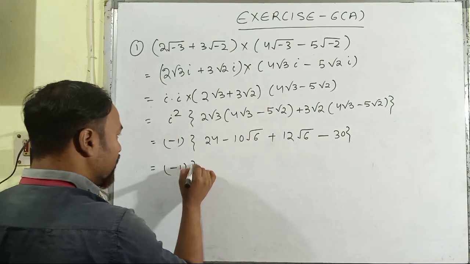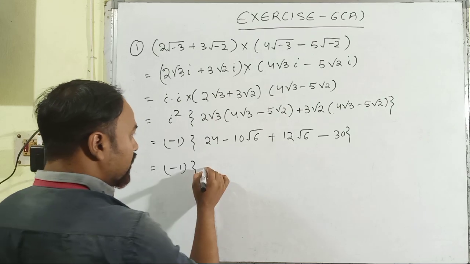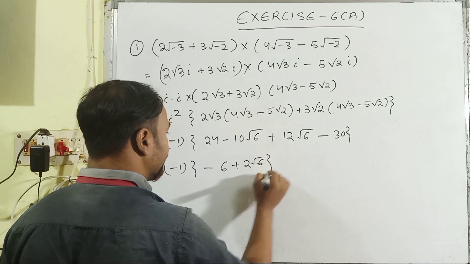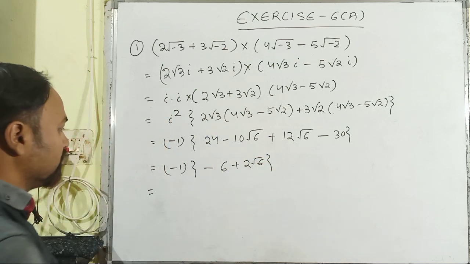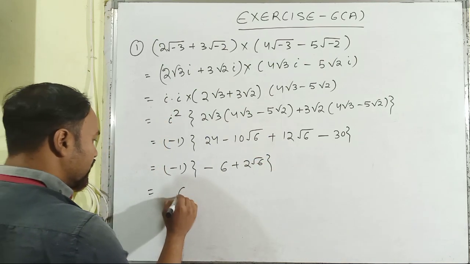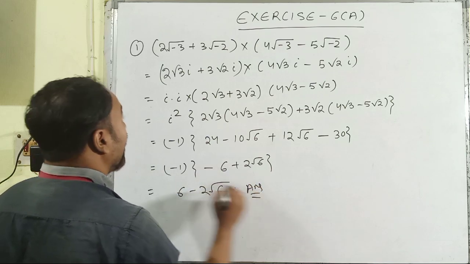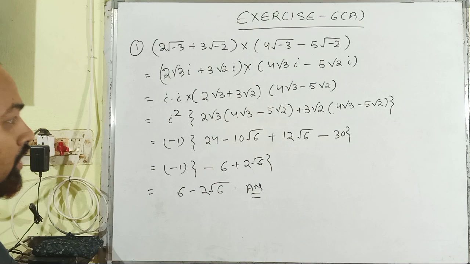Then it is minus 1. Just solving it, we can have minus 6 plus 2 root 6. Multiplying this minus 1, we can have 6 minus 2 root 6, which is the answer for the number 1 problem. Then let us move towards the number 2 problem.